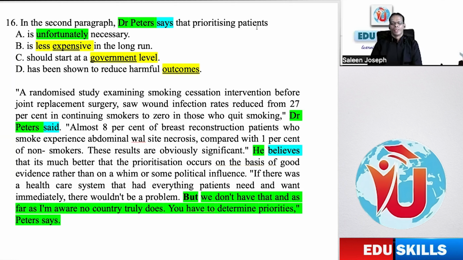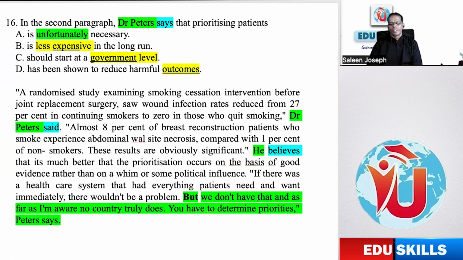You have to read the options with the question stem. In the second paragraph, Dr. Peters says that prioritizing patients should start at a government level. But here they are not speaking about prioritizing. If there was a healthcare system that had everything patients need and want immediately, there wouldn't be a problem. But we don't have that.